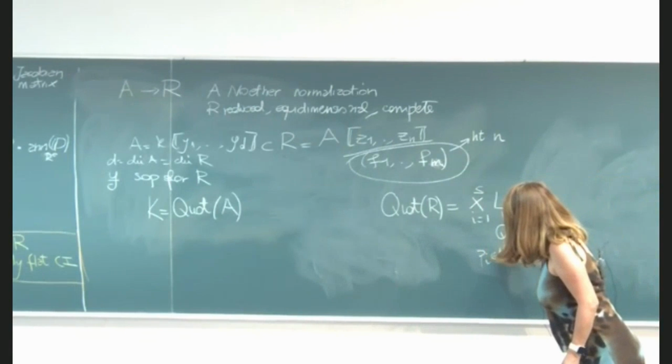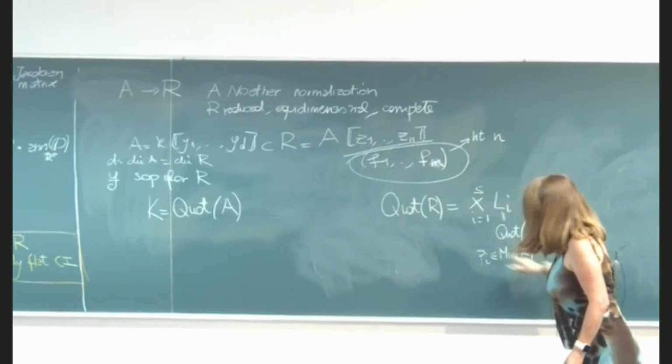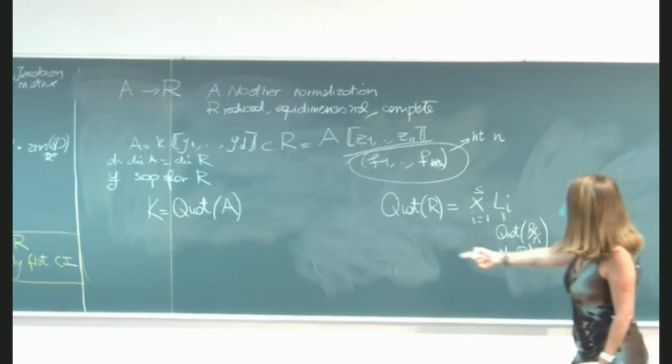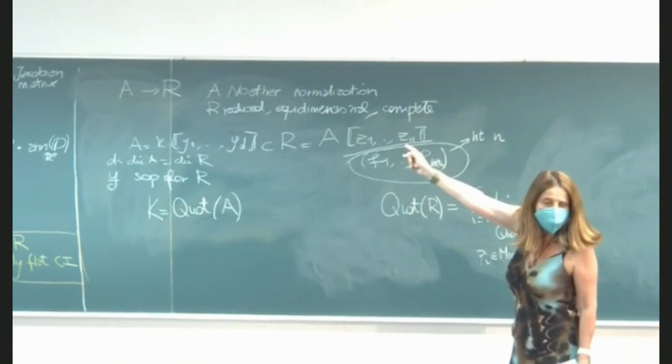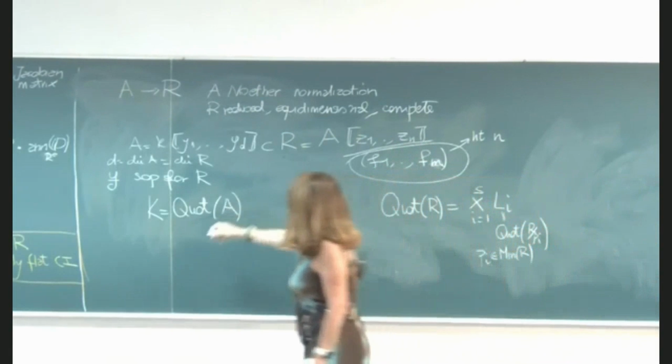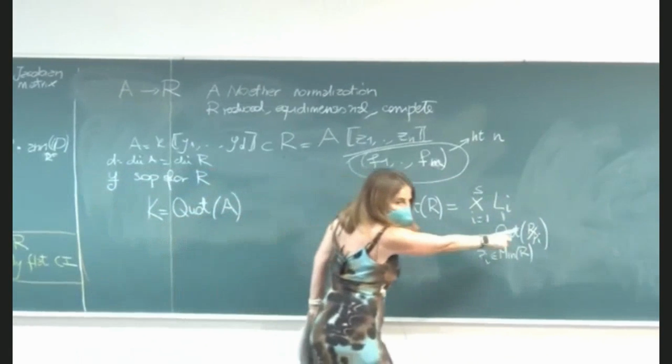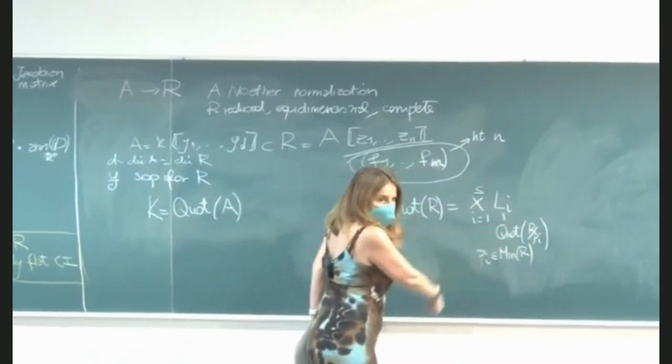And now because of our assumption, these Li are simply the quotients of R over Pi, where the Pi are the minimal primes of R. R is equidimensional and so on.